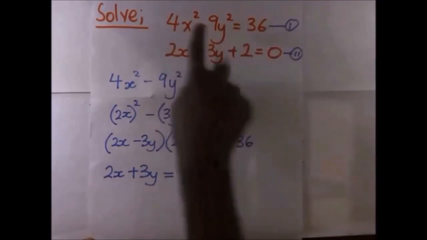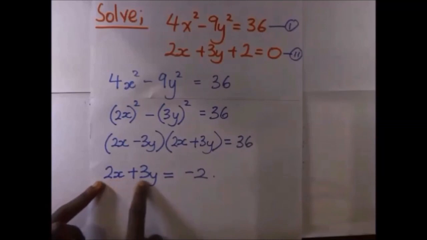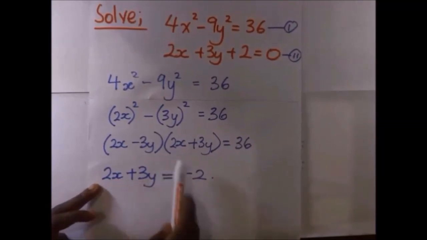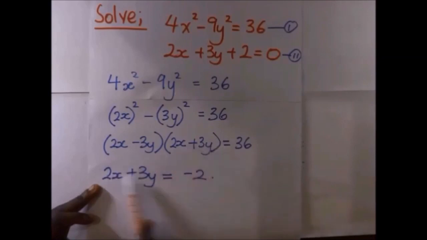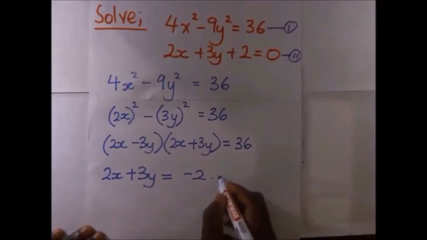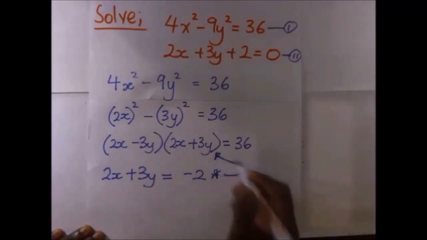And in our first equation, we have simplified it into this. Since 2x plus 3y is equal to negative 2, and in this equation we have 2x plus 3y, we are substituting this equation into that.